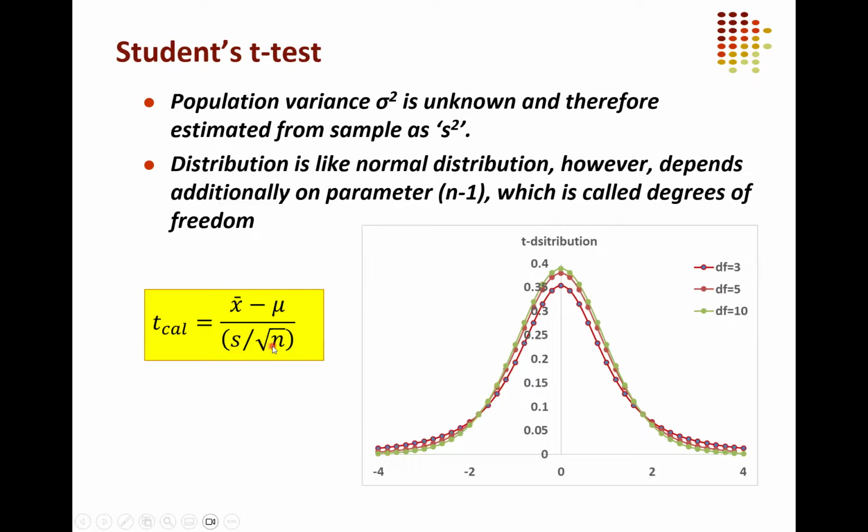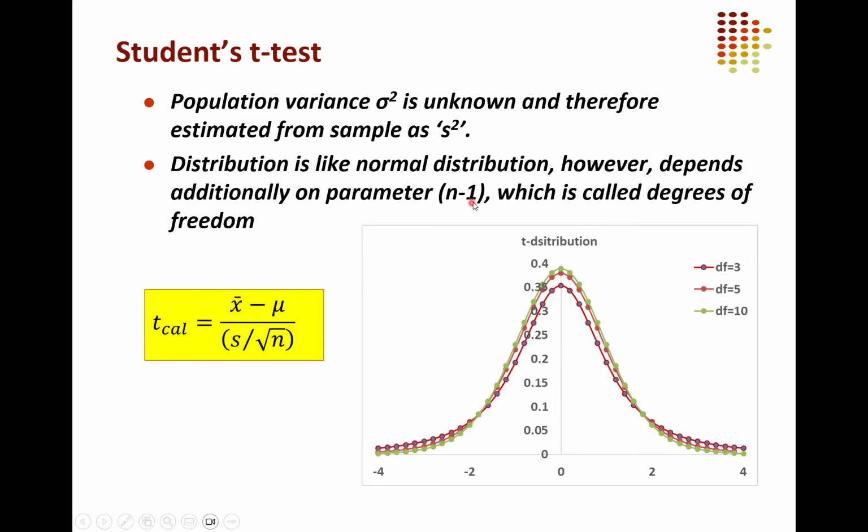And now there is the square root of n. The sample size is going to show up over here. It means as the sample size is going to change, so the distribution is going to change. Therefore, like the symmetric normal distribution, the t distribution additionally depends on a parameter n minus 1, which is known as the degrees of freedom.